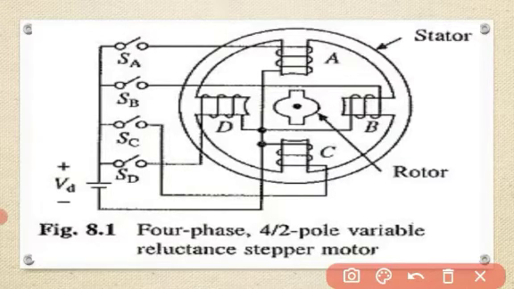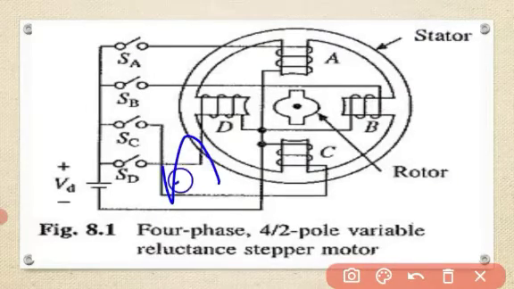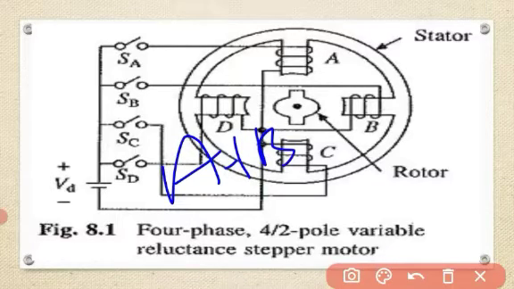The step angle can be reduced from 90 degrees to 45 degrees by exciting the phases in the sequence A plus B, B plus C. If I am exciting A plus B, the two poles simultaneously, what happens?